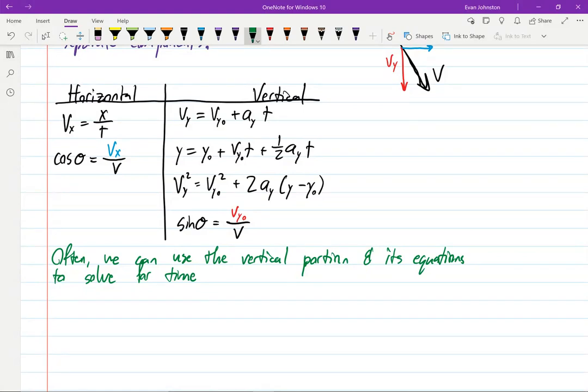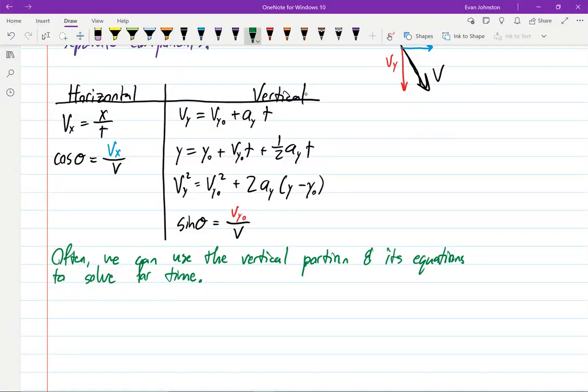This is just kind of a weird thing I've noticed. Oftentimes, we'll just use the vertical portion to solve for time. And then you maybe just plug time in here. And if you know the x velocity, you can find how far something's gone, for instance, because then you could just solve for x is the idea.